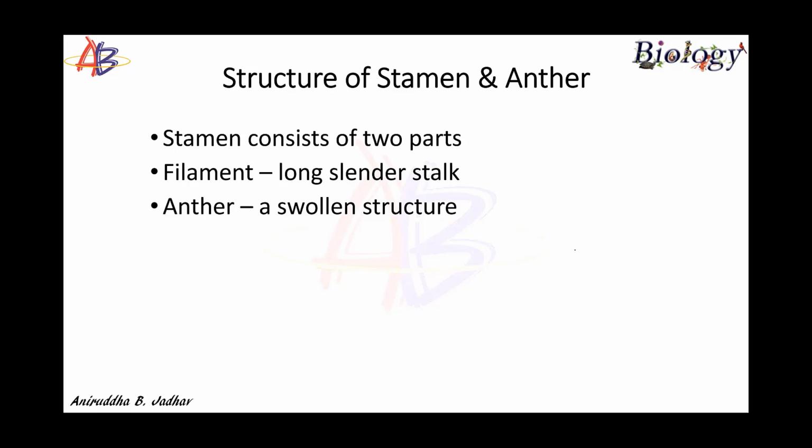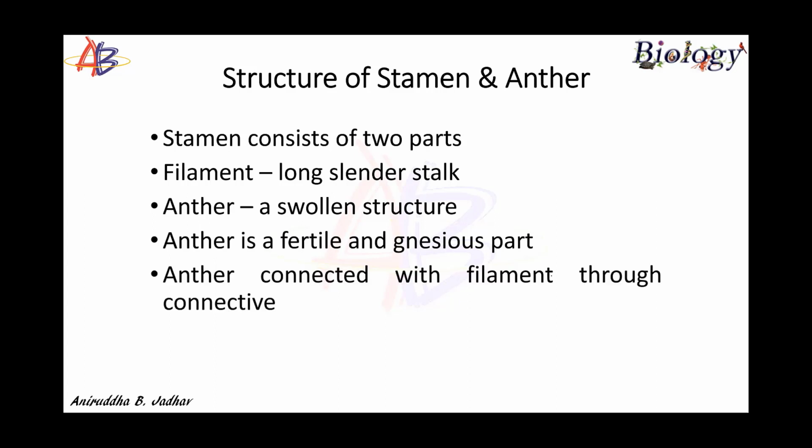The anther, however, is a swollen structure present at the other end of the filament. So the anther is the fertile or genesis part. Now let us see how anthers are attached to the filaments, and for this there are various possibilities.